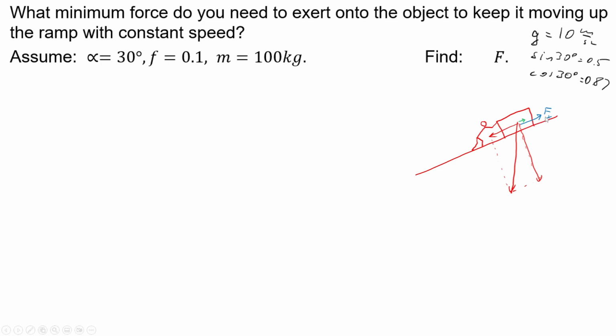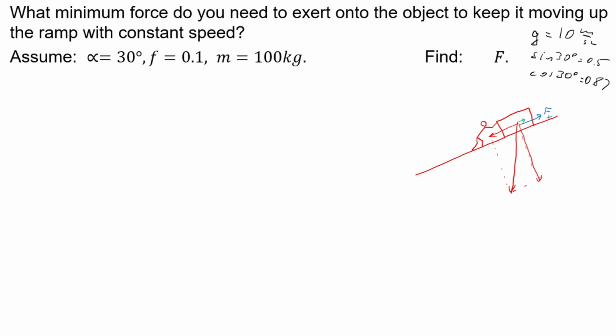Fx, the blue force, is again the force exerted by this person to balance the net force that would otherwise make the crate, or whatever it is, slide down the ramp.